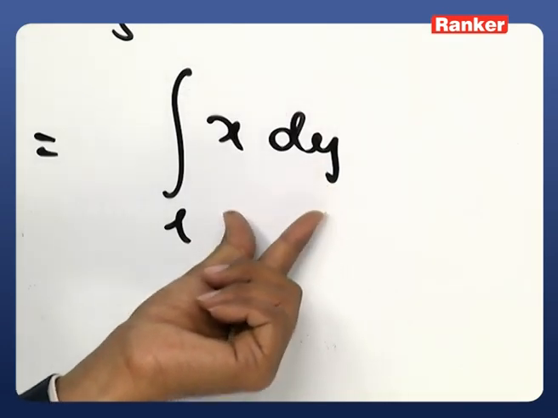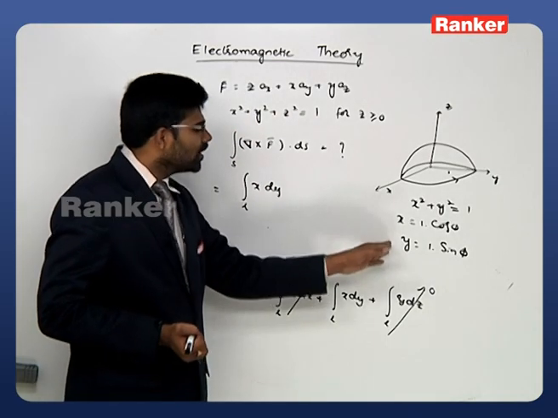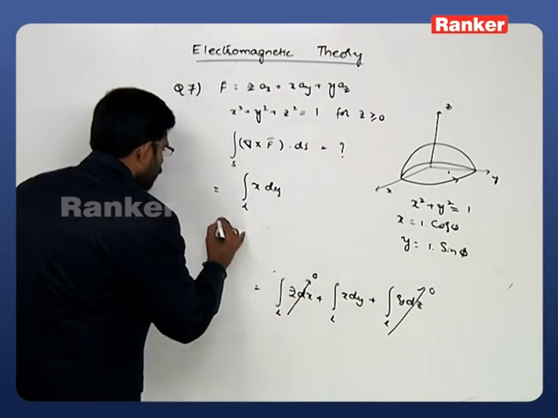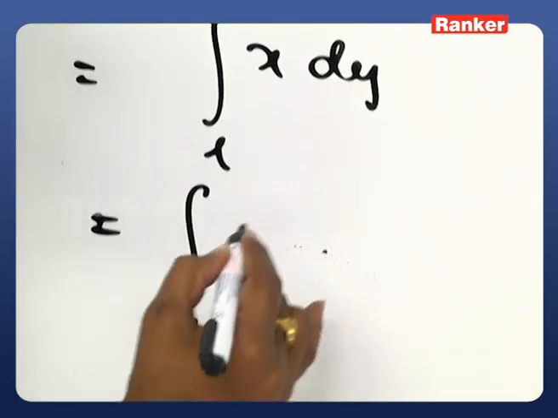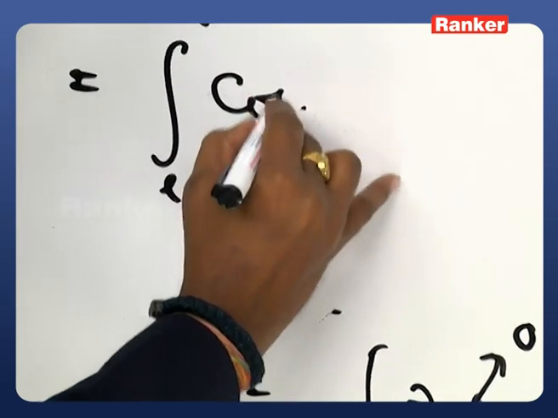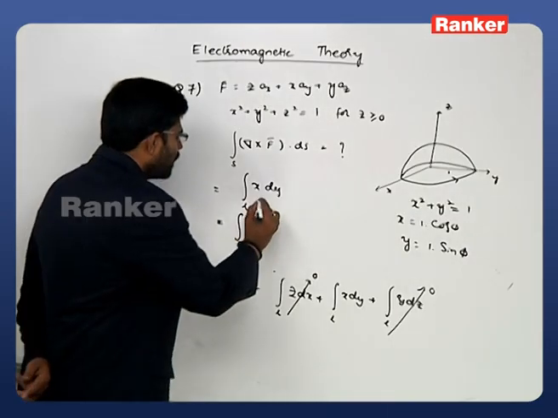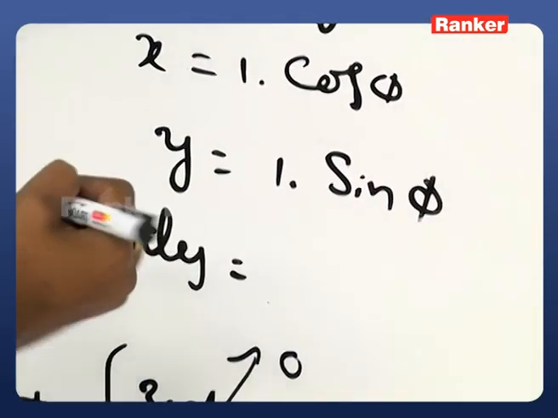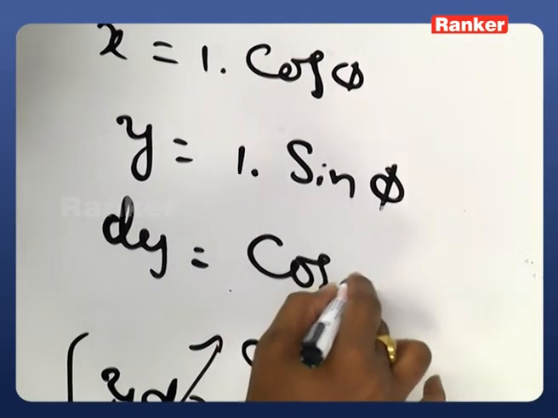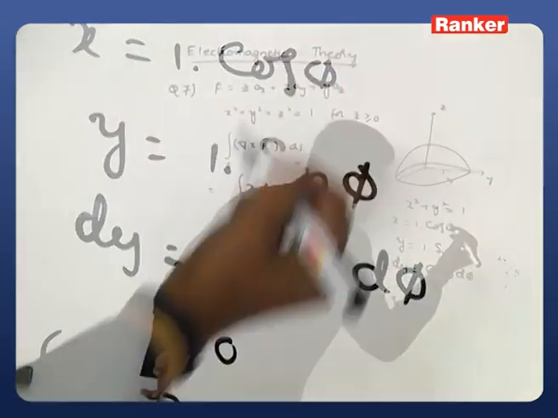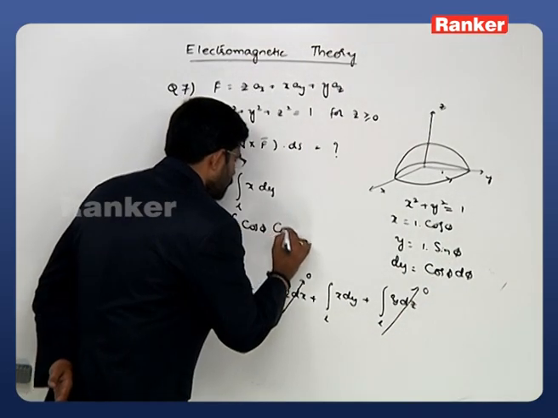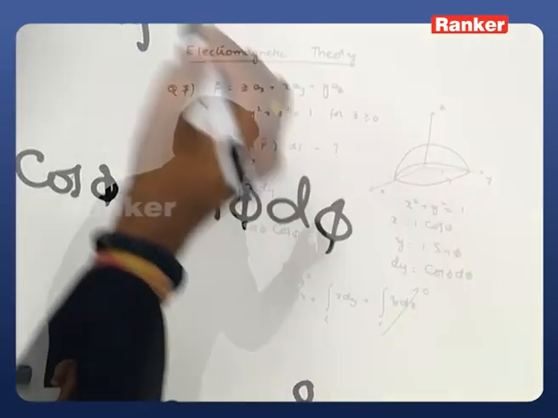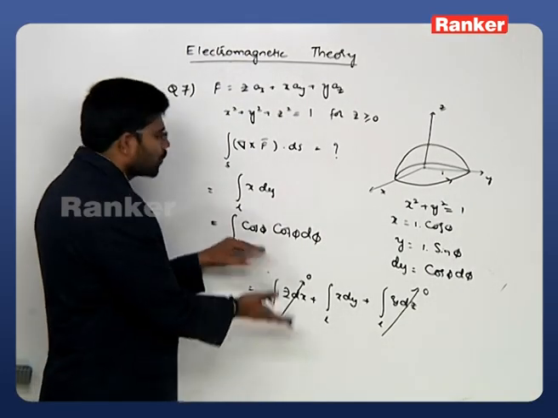That's why I am considering x and y in our cylindrical coordinate system. So the line integral of, instead of x, I write cos phi, and dy I calculate from this: dy is equal to cos phi d phi. Substitute here cos phi d phi. So now the entire expression is simplified.